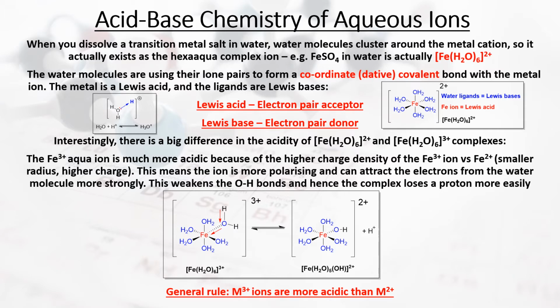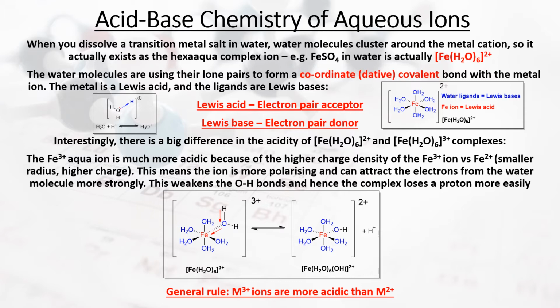Now what we actually say is that our metal is a Lewis acid and the ligands are Lewis bases. And so we already probably know the definitions of the Bronsted-Lowry acids and bases, that a Bronsted-Lowry acid is a proton donor, our Bronsted-Lowry bases are proton acceptors, but we can also think about the Lewis acid and base definitions.